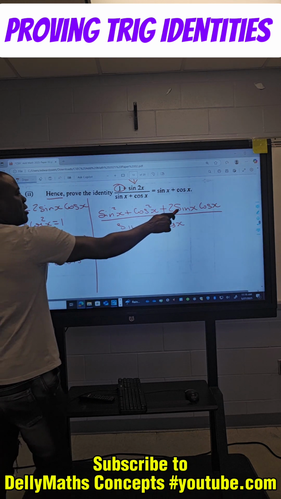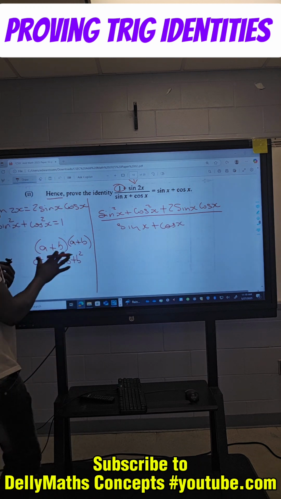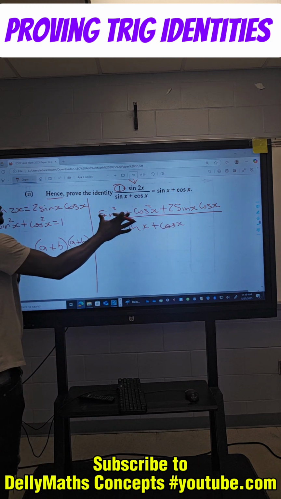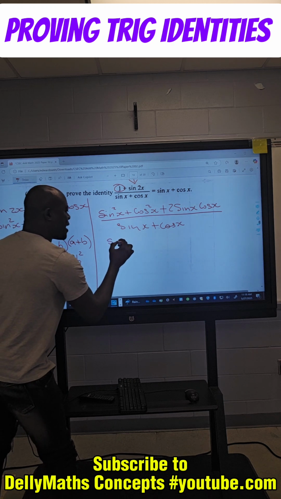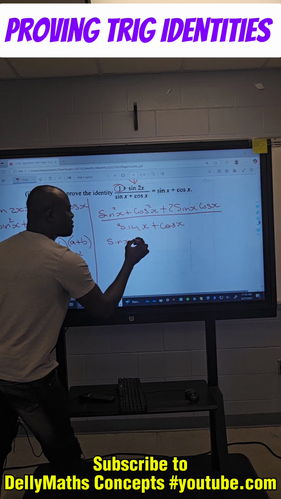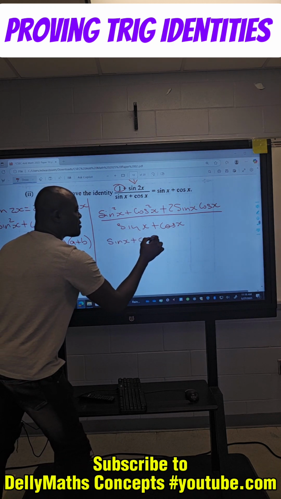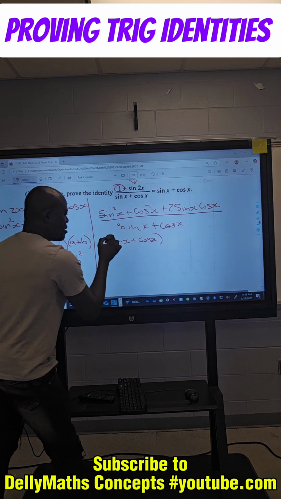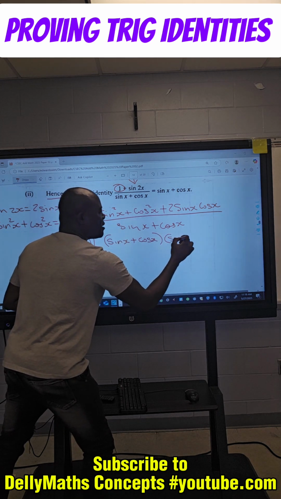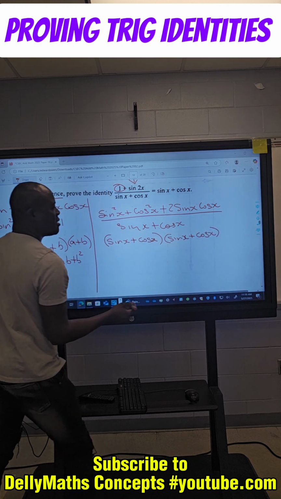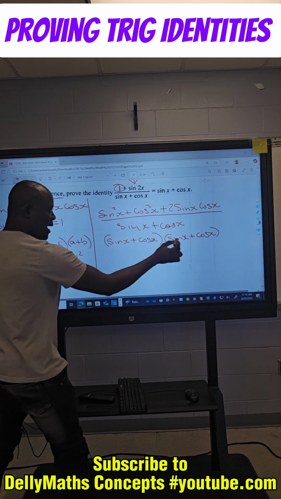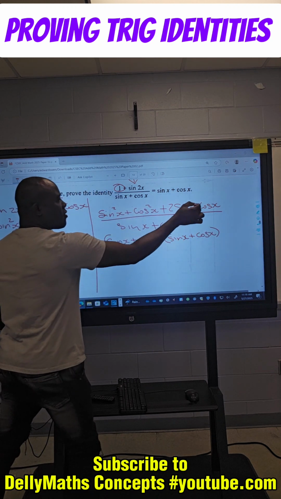Take a look at this. At the top, the numerator, I'm actually seeing this. So I'm going to rewrite the numerator with this idea. This is actually sine x plus cos x times sine x plus cos x, because if you multiply this, you're going to get all of this here on top.